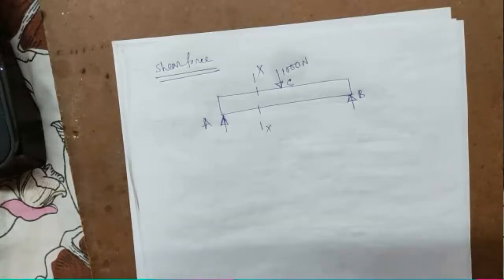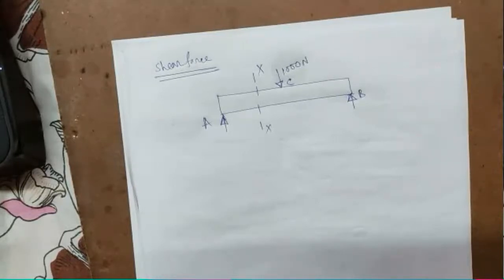I am saying it again. The resultant force acting on any one of the parts normal to the axis of the beam is called shear force at section XX. So we are looking at section XX and need to find the shear force there. We will just take any one side, either left side or right side.